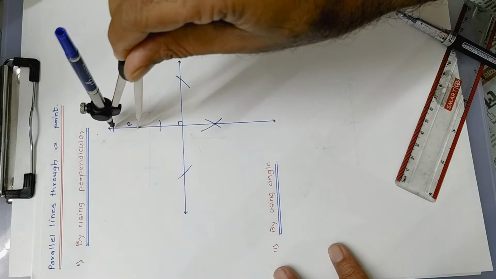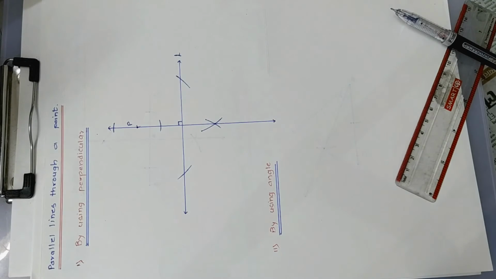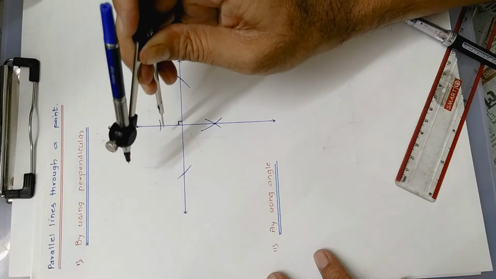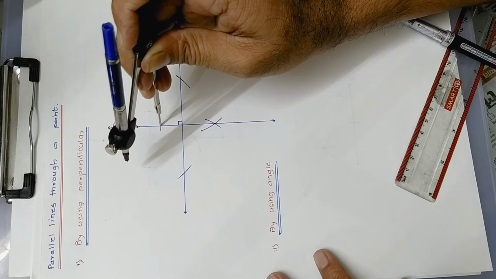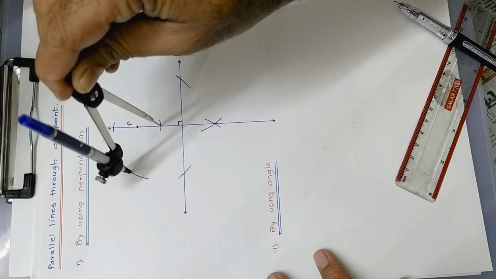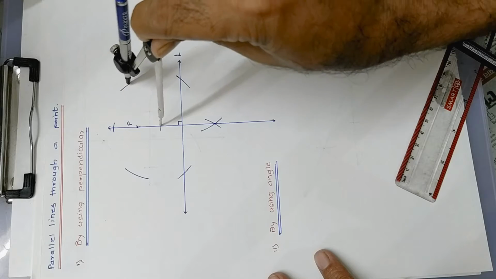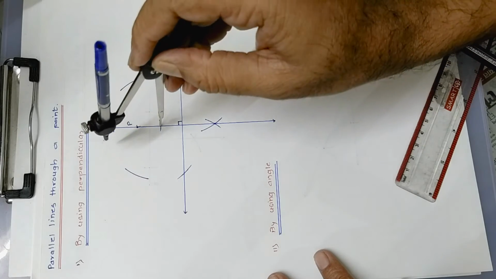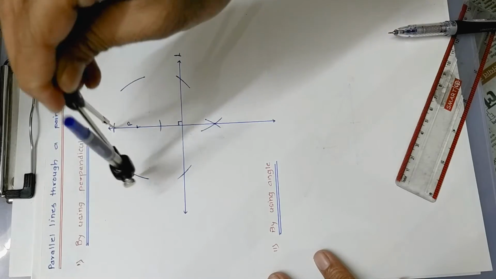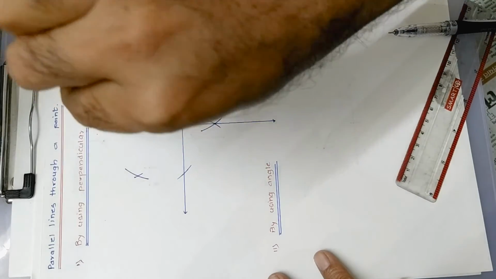First you have to draw the perpendicular bisector, and then increase the distance in your compass, put your compass on the intersected points here, and draw one arc towards left and towards right. Now change the position, put your compass here, and intersect the previous arcs like this.